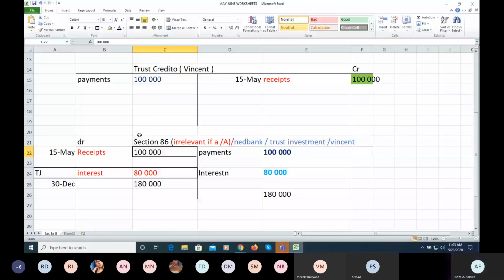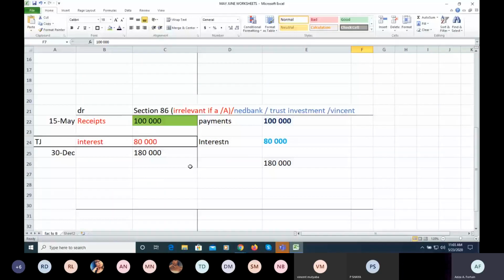Sometime in December, Vincent phones me again and says, I heard through the grapevine that the transfer is going to be ready. Why I'm doing it so far apart is for you to get the picture. So on the 30th of December, I go to Nedbank, 86 account, and I draw Vincent's statement and I see there's 180,000 in the account. I say, wow, so 80,000 was interest. I then remove it.